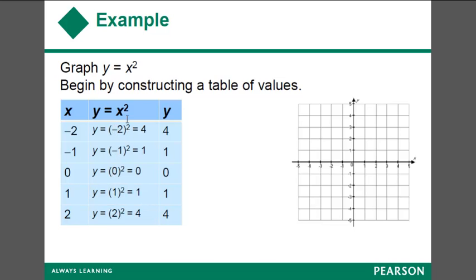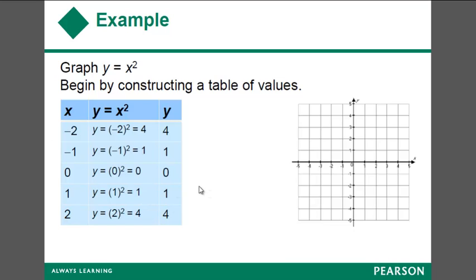So I get -2 squared is 4. So I'll have a point at (-2, 4). -1 squared is 1. So I'll have a point at (-1, 1). And so forth. So I'll have the points (-2, 4), (-1, 1), (0, 0), (1, 1), and (2, 4). Those will be my points that I will use to graph.